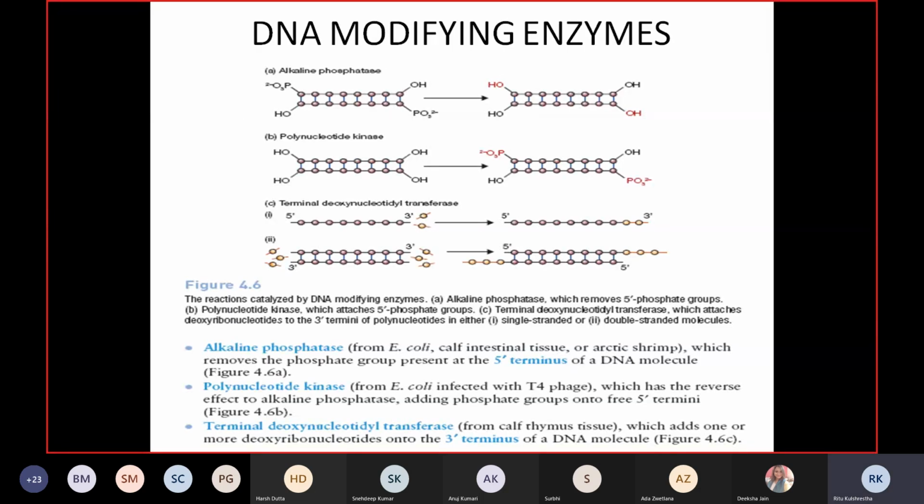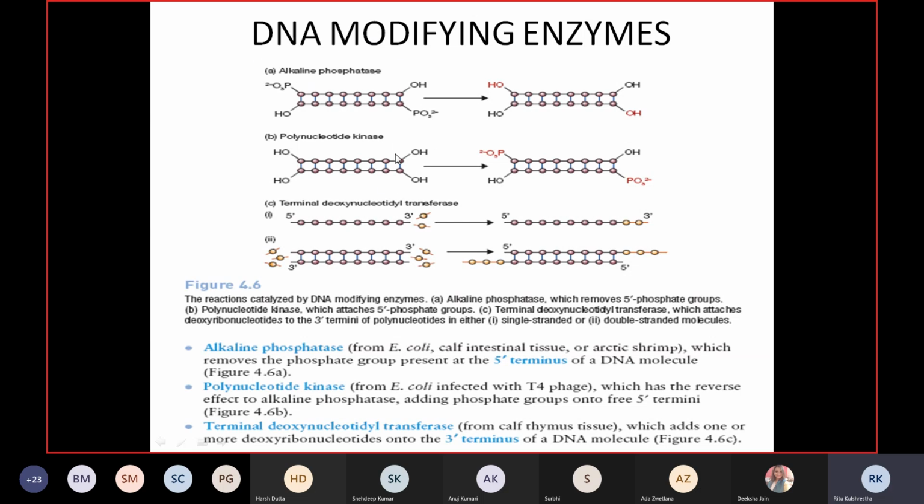Okay, so this is the last slide, and I want to tell you that there are various DNA modifying enzymes. There are enzymes which can remove the phosphate group, which is why they are named phosphatases, like alkaline phosphatase.